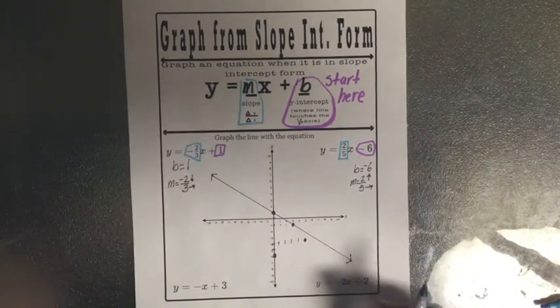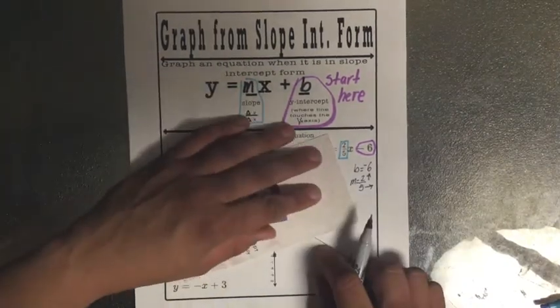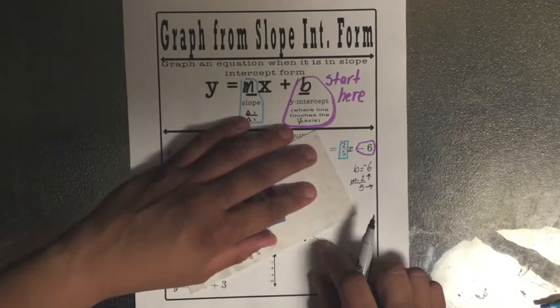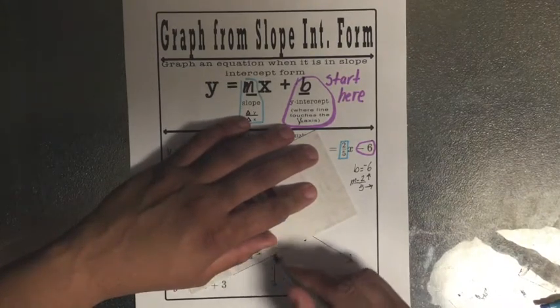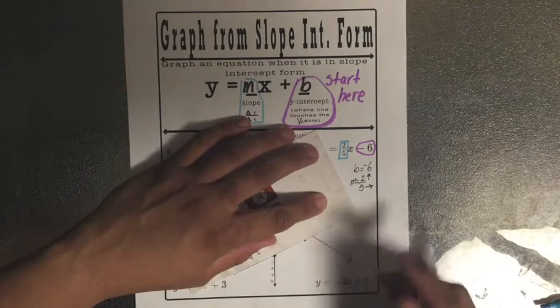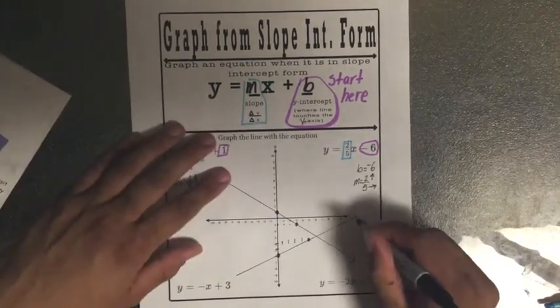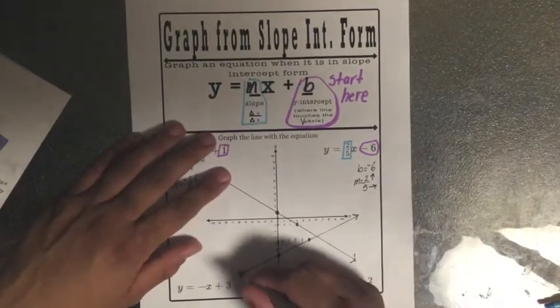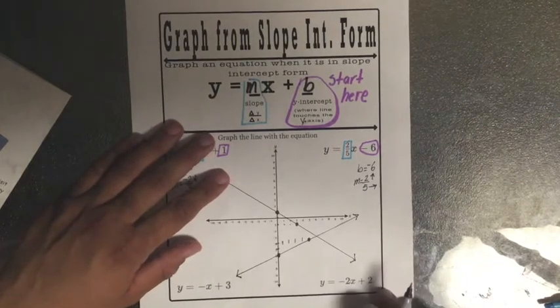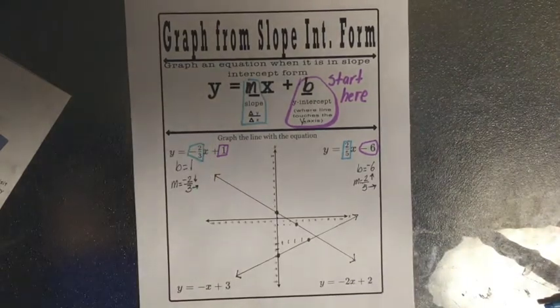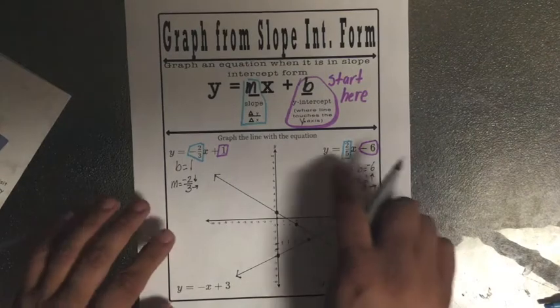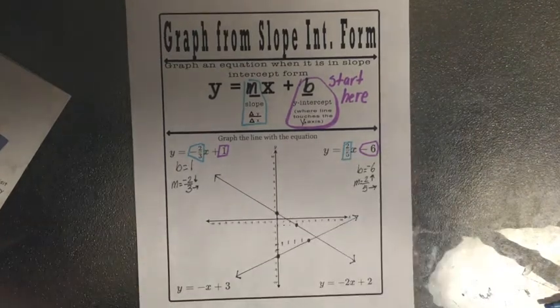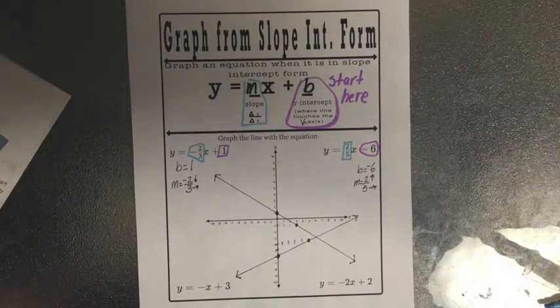And then again, I take my straight edge and connect the 2 points. Don't forget to write arrows at the end. That's what makes it a line. And there is my second equation.